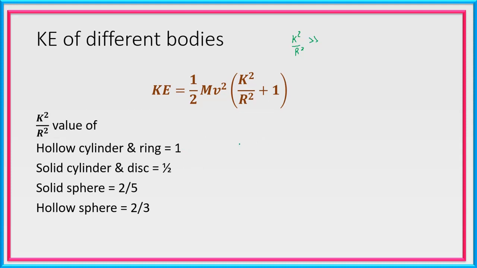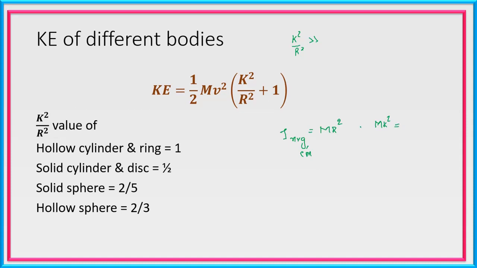Let's do some examples. We know that the moment of inertia ICM of a ring, we have already calculated as mr square, and this moment of inertia is calculated about its center of mass. But we know that the moment of inertia about the center of mass is nothing but mk square.